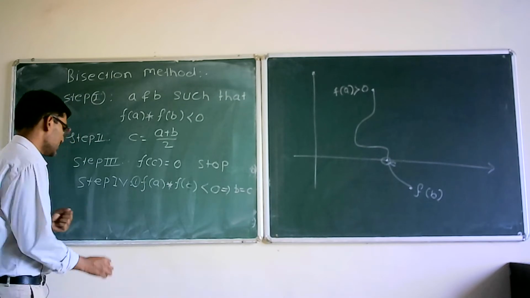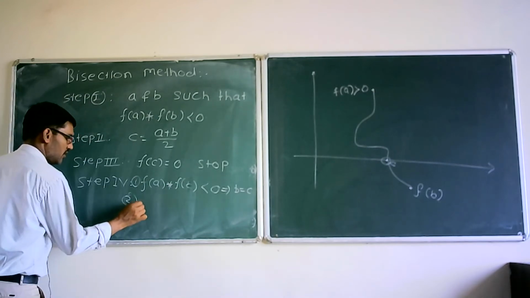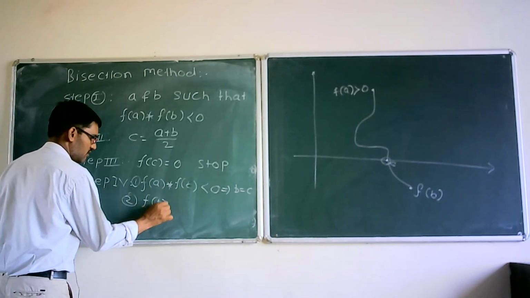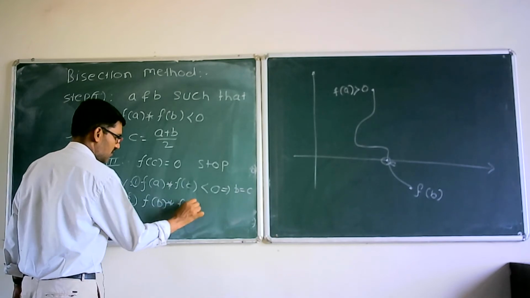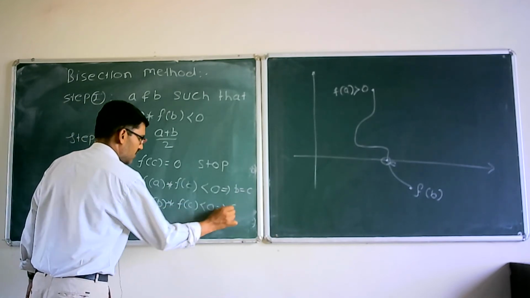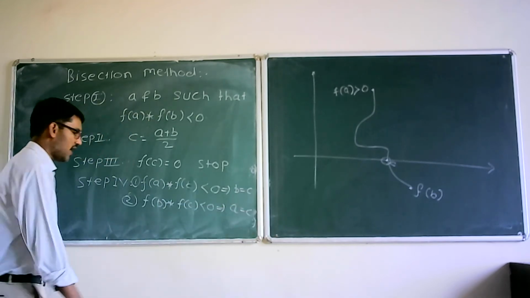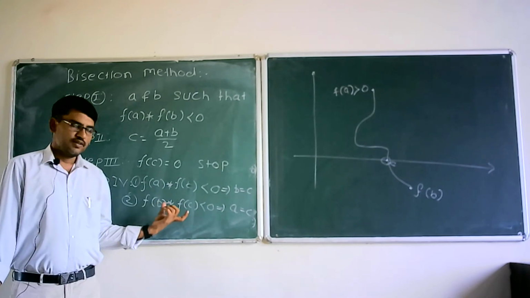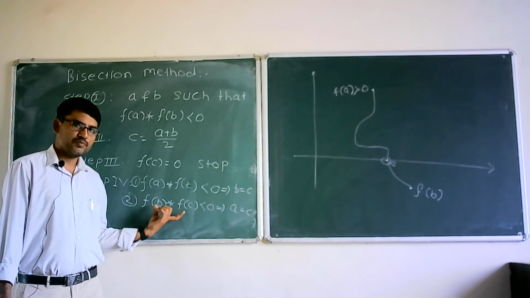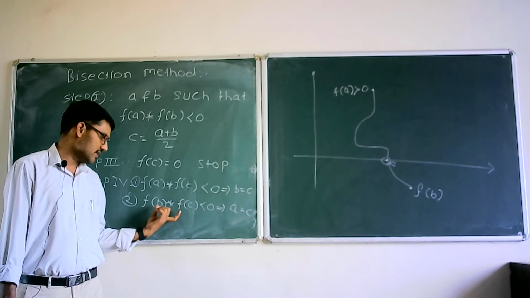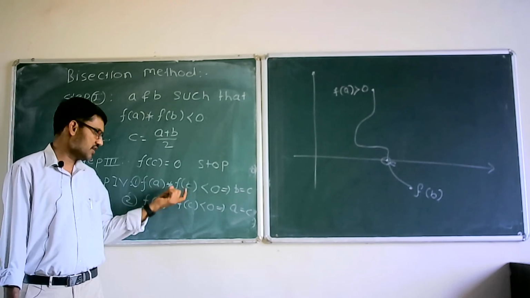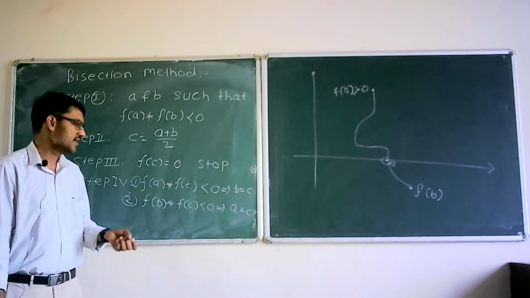Root lies between AC. And number 2, if f of B star f of C is less than 0, then A is equal to C. So the root lies between CB. Okay.